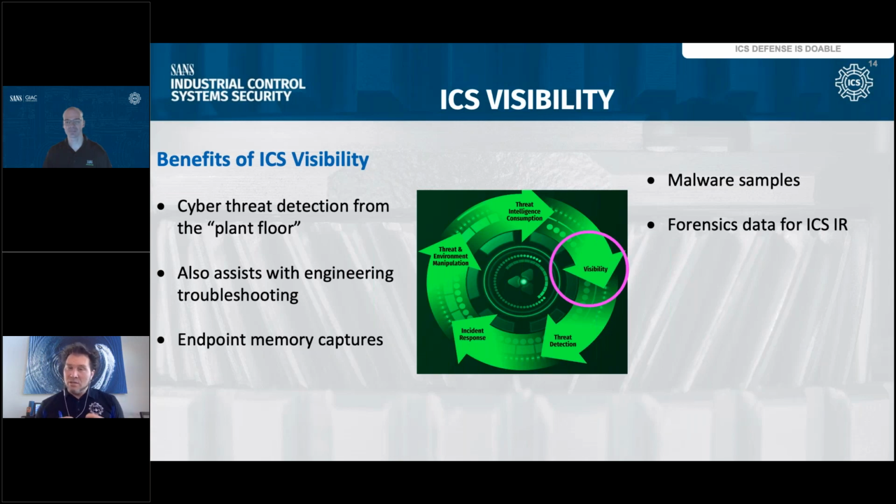That communication is really essential to get that visibility. So if you only roll to your site and you only get visibility at level 3.5 in the DMZ, that's okay, but it's not amazing because the adversary may come through there, may not. So getting visibility on the plant floor is really where we're trying to get industrial control systems in critical infrastructure to go, because that's where the adversary is. So getting visibility at the plant floor.